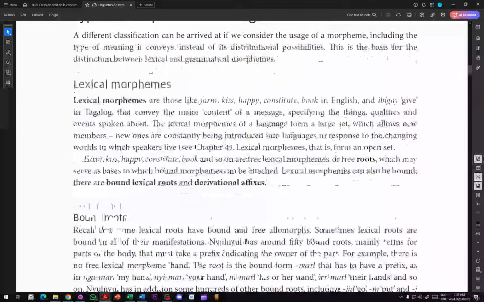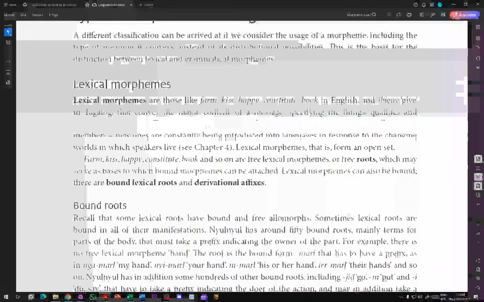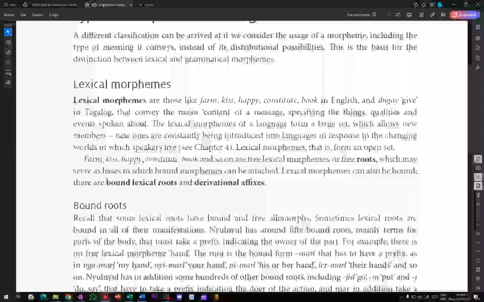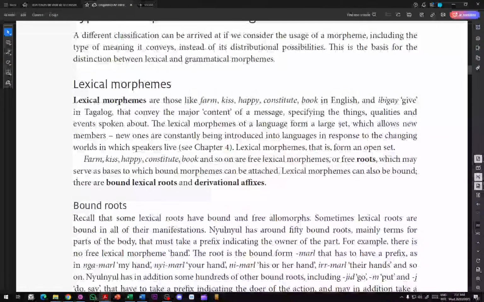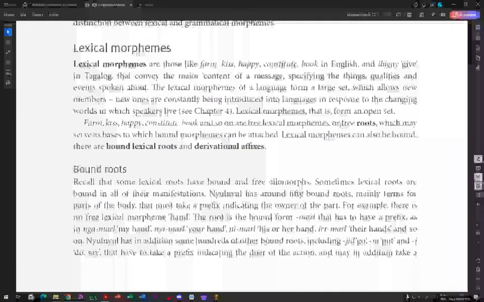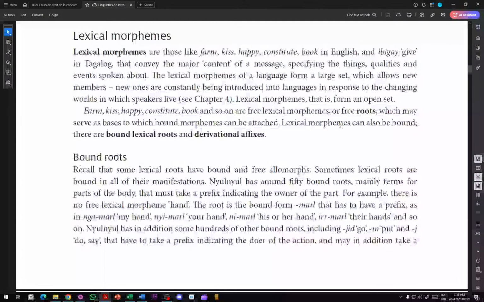Morphology. We've had lexical morphemes that convey the major content of a message, and they are of 3 types: free roots, bound roots, and derivational affixes.